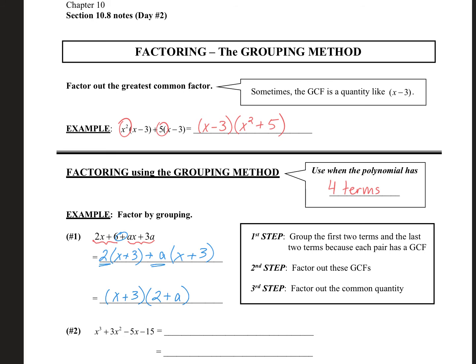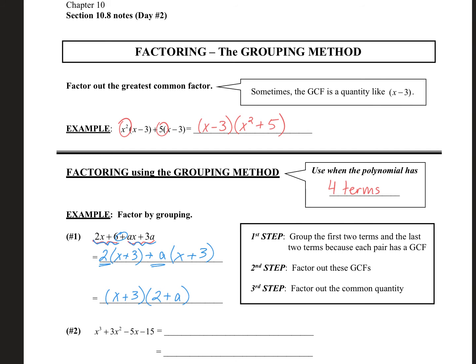So we first group the 2 terms. That's what we did right here. Then we factor out the greatest common factor of each of those binomials, like we separated the polynomial into 2 binomials, and then factored out the common quantity. So that's the process of factoring by grouping.